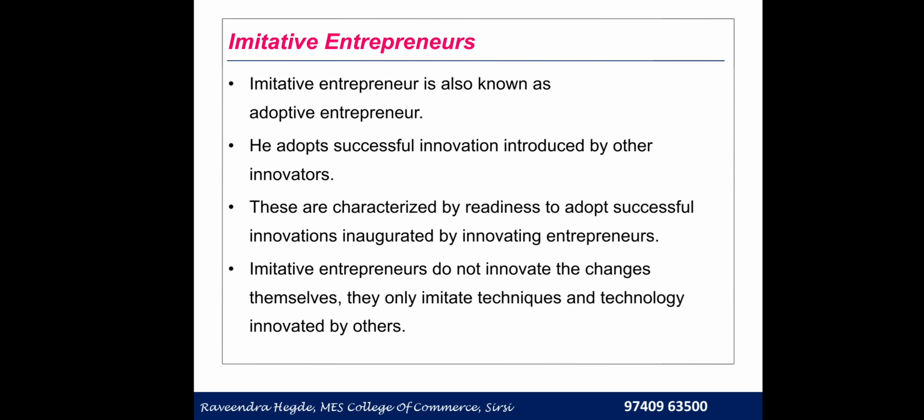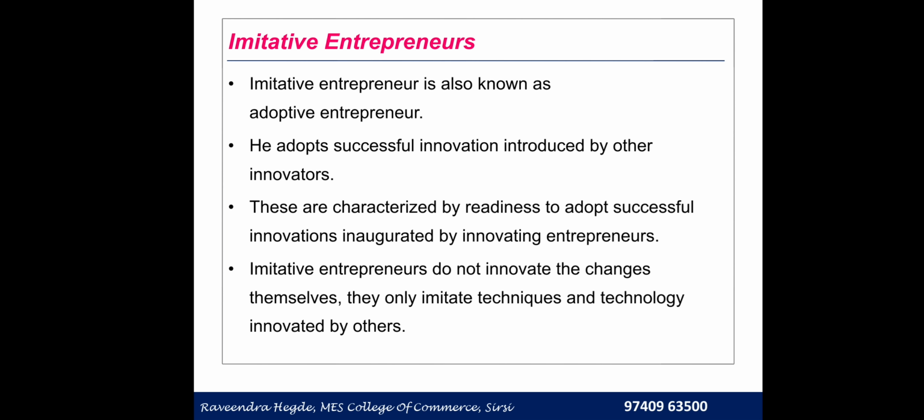So, an adaptive entrepreneur is one who adopts the successful innovations of innovative entrepreneurs. These entrepreneurs imitate the techniques and technologies innovated by others, and they can be seen both in underdeveloped and developing countries.